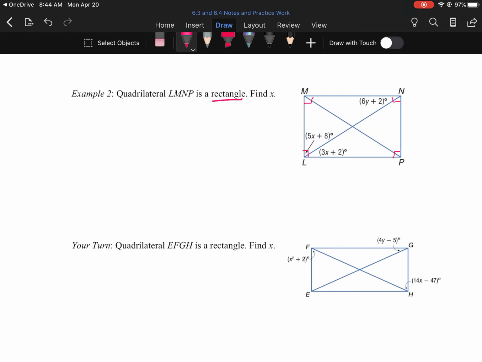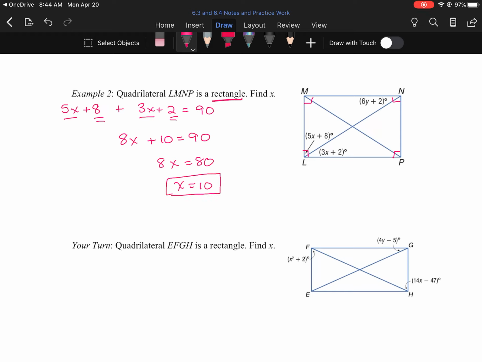So 5x plus 8 plus 3x plus 2, so that's our 2 angles, is equal to 90, because those 2 angles make up that 90-degree angle. Combine like terms, so we get 8x plus 10 is equal to 90. 8x is equal to 80, so x is equal to 10. So that one wasn't too bad.